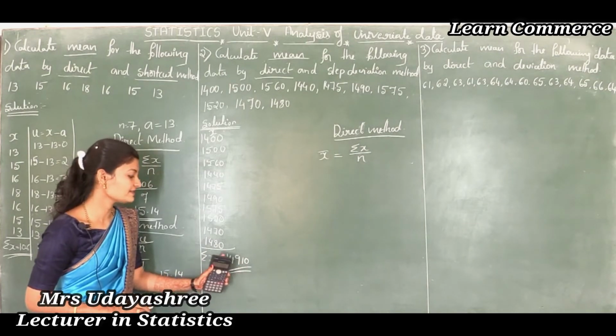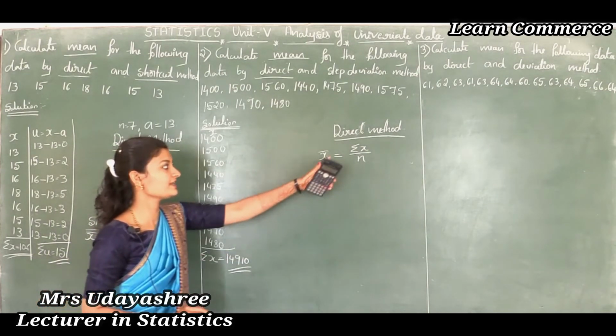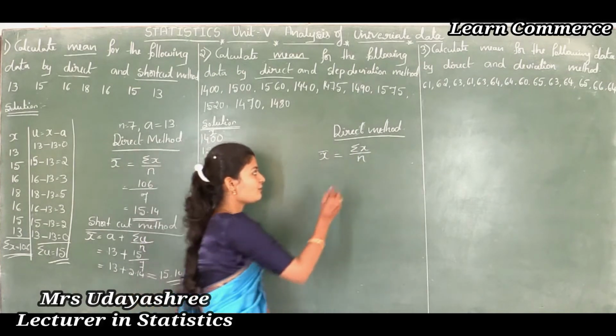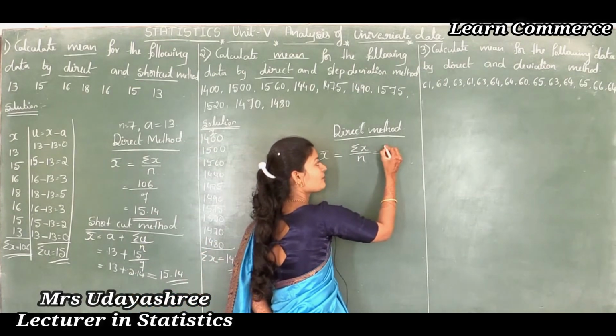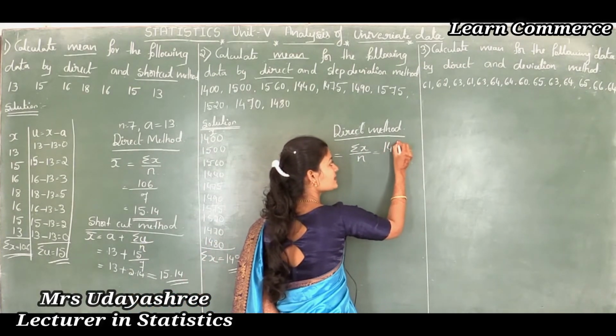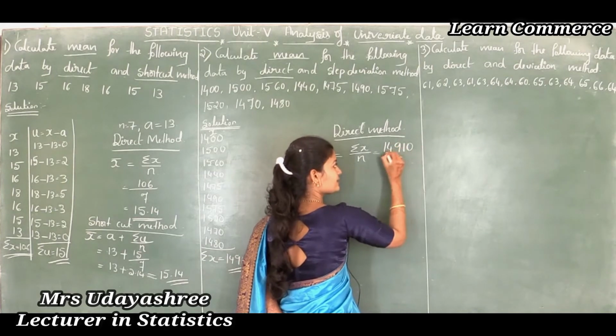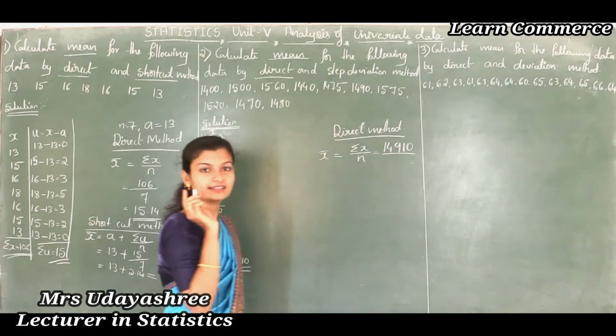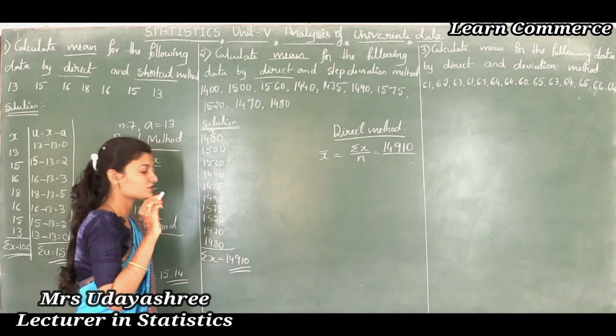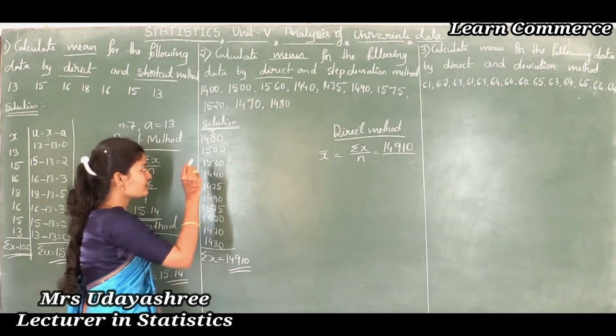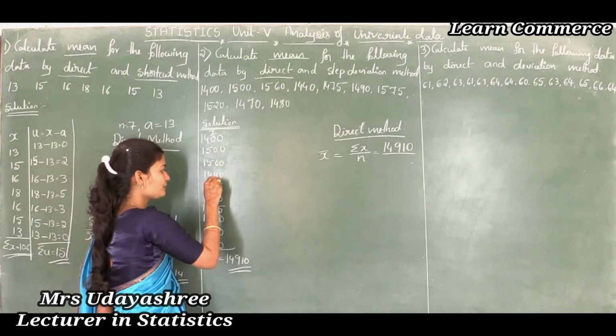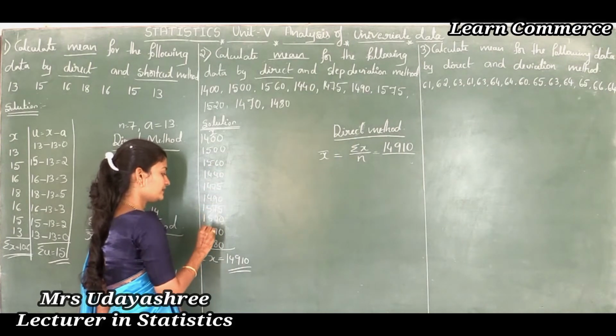Now I will substitute the sum of x in the formula. Here the sum of x is 14,910, divided by n. N means the total number of observations, which is 1, 2, 3, 4, 5, 6, 7, 8, 9, 10.